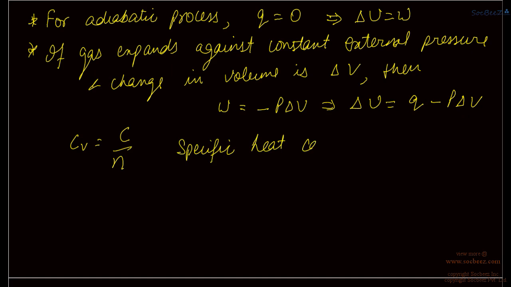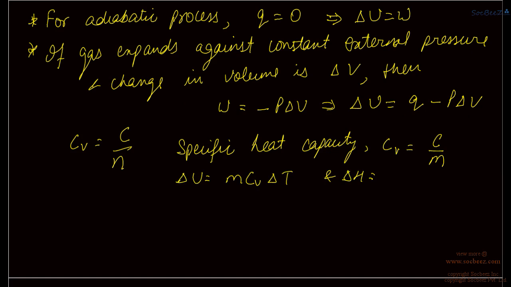Specific heat capacity equals C upon mass. So in case of specific heat capacity, delta U equals m, that is the mass that we are taking, times CV times delta T, and delta H equals m times Cp times delta T.